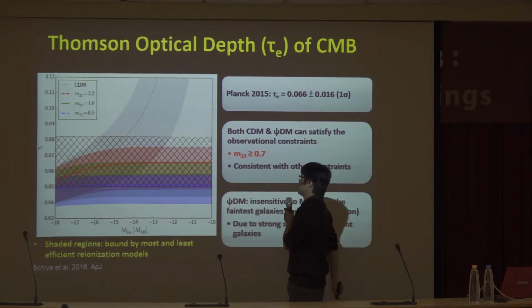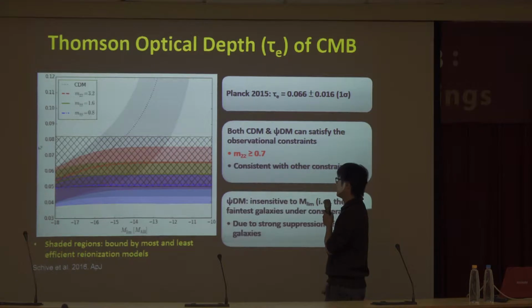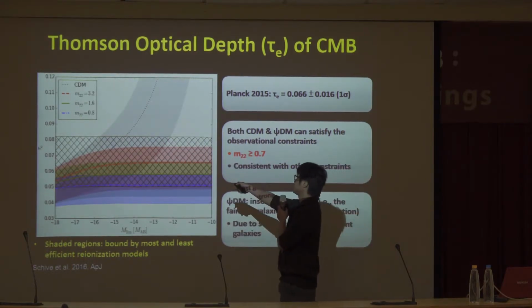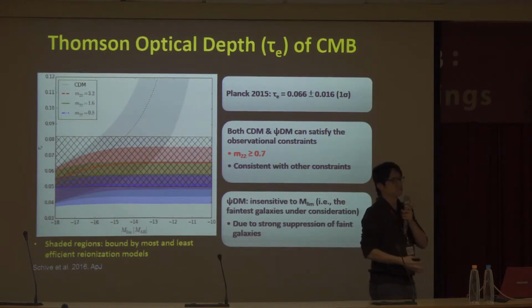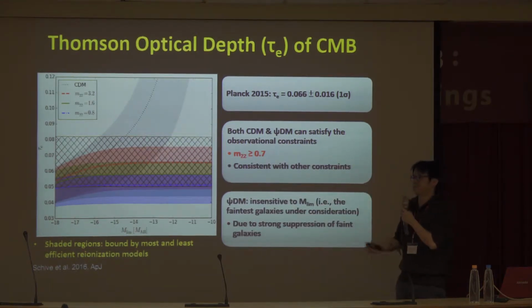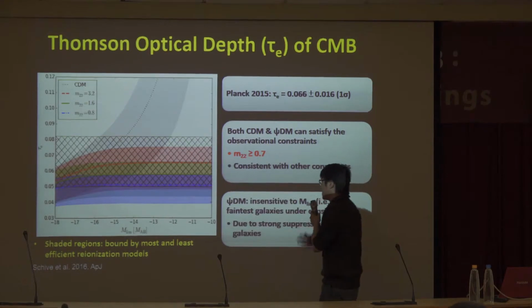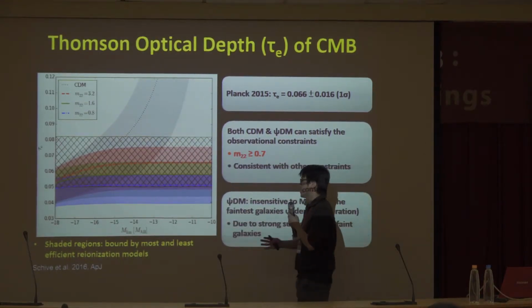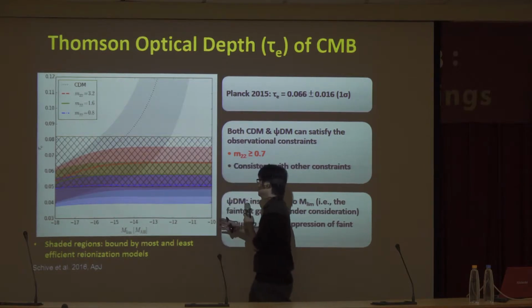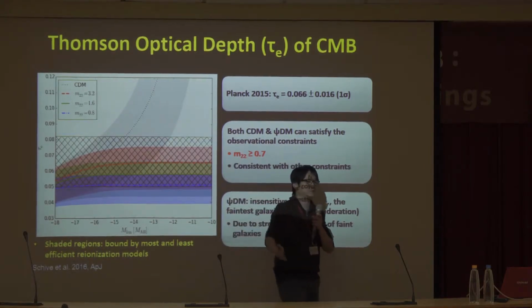Another feature you may find very interesting here is that the CDM prediction is very sensitive to the assumed limiting luminosity, because CDM predicts many faint galaxies. So it really depends on where you want to cut. It is your assumption that below this luminosity, galaxies should not contribute to reionization.